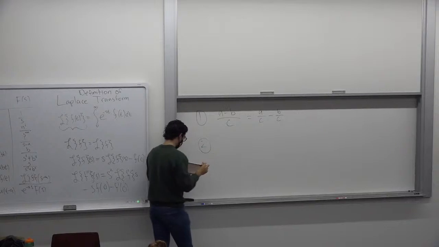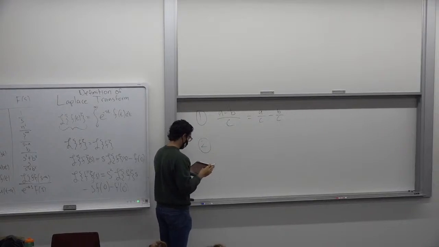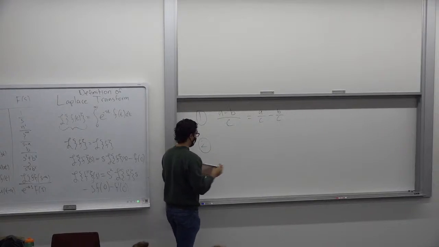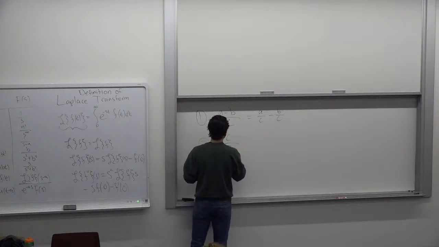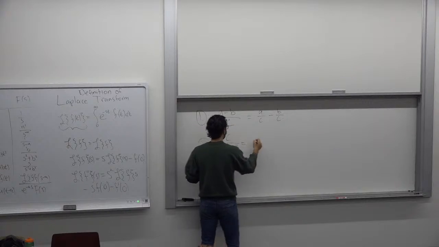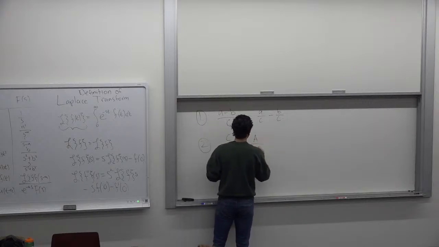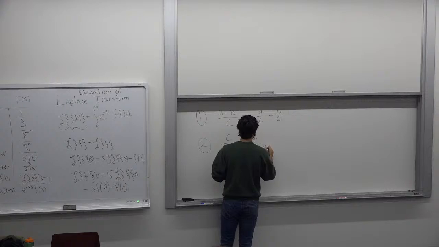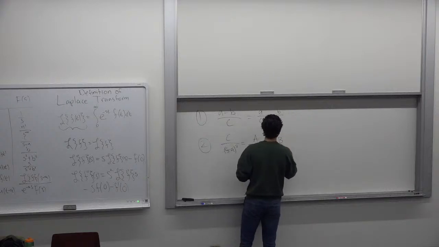Another thing, right, is if in the last problem we had c over s minus a squared, that's going to be our a over s minus a squared plus b over s minus a. Simple.